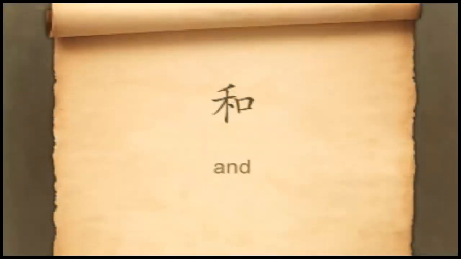What is it? Correct. 和. Which tone is used? 和 is said with a second tone. Let's say it together. 和.